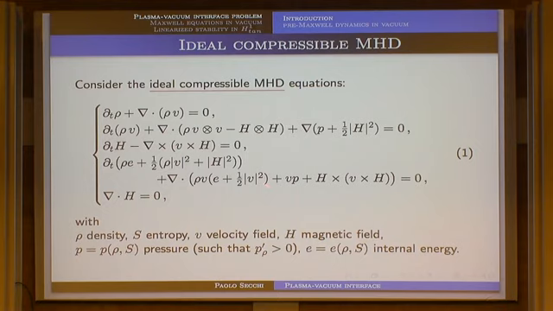You see, it is a system of first-order equations. This constraint that the magnetic field has to be solenoidal can be considered just as a restriction on the initial data. So the first four equations are written in conservation form with evolution in time.